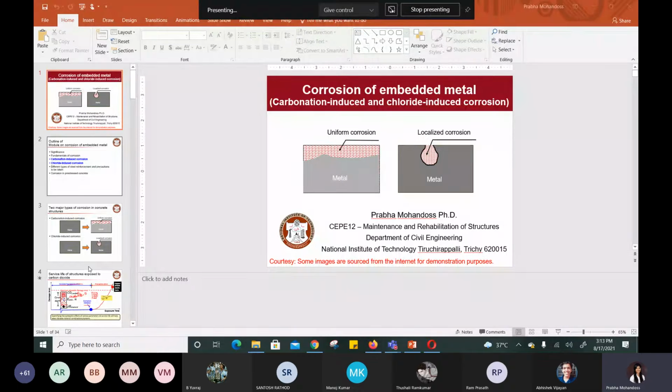I was explaining certain parameters which play a huge role in governing the performance of your structure, in terms of how it can allow chlorides or carbon dioxide inside the matrix, inside your concrete. So what are those parameters?